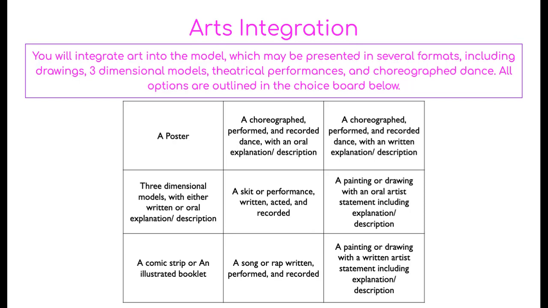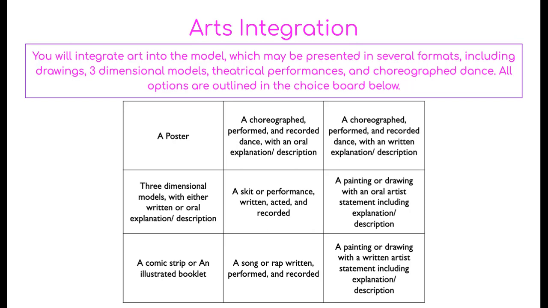Now, in our dance, we will not be able to include all of the details, so your dance should also include either an oral or a written explanation of how that dance models all of the required components. You also could build a three-dimensional model or models with a written or oral explanation to explain, again, all of those required components.